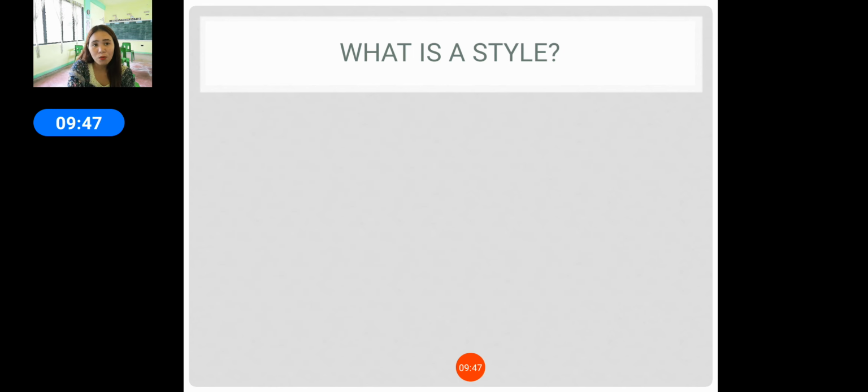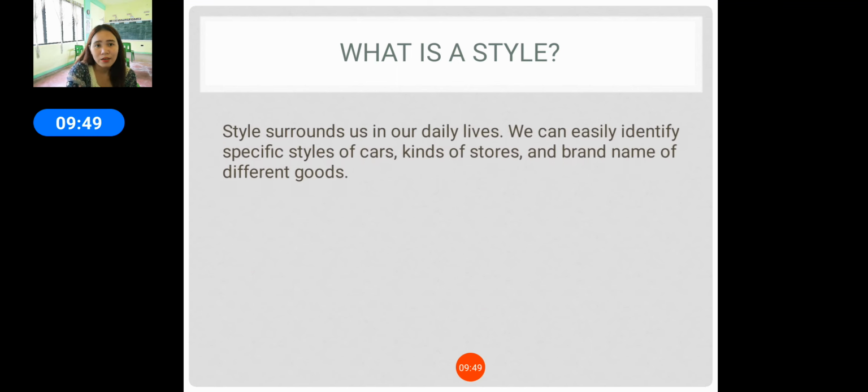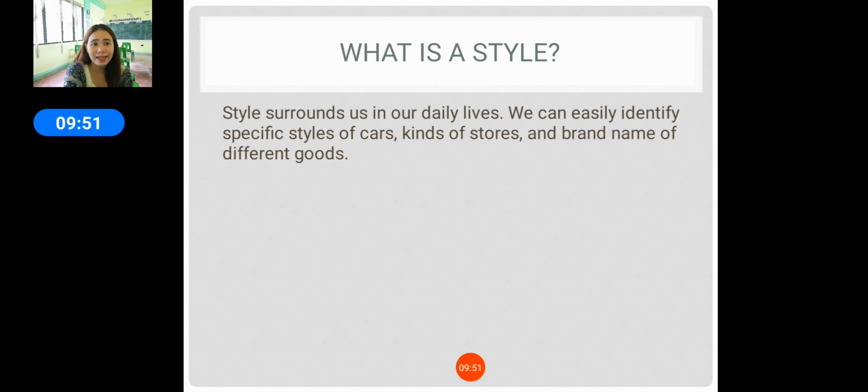Okay, so what is a style? A style surrounds us in our daily lives. We can easily identify specific styles of cars, kinds of stores, and brand names of different goods. A certain brand or style depends upon your choice. Say for example, you want a girly style in dress.